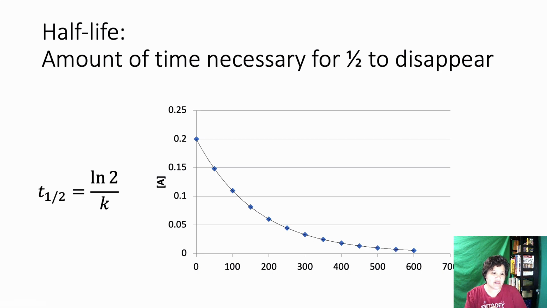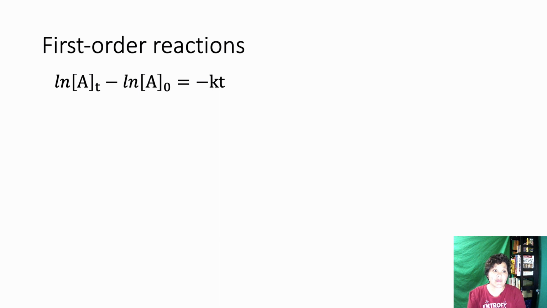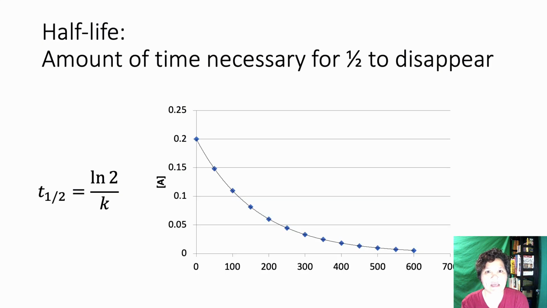And so the nice thing about having a constant half-life is that the half-life is related to the rate constant. If you remember back in the first order reaction slide, we had this K that we said was the rate constant. That K being related to the half-life, remember, we can't figure those Ks out except by experiments.